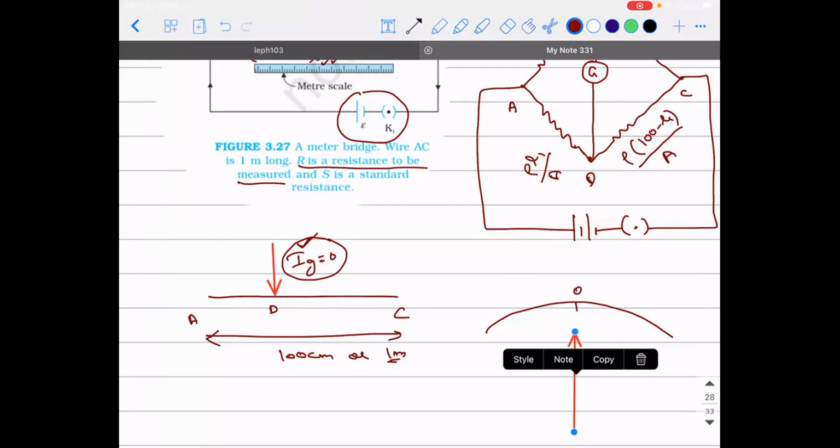If you move it to the left of D, you can see that the galvanometer is getting deflected to the left. Only between the deflection in the left direction and the right direction, you will be exactly able to find the balance point. Guys, did you understand? And at that instant, the meter bridge is said to be a balanced Wheatstone bridge.